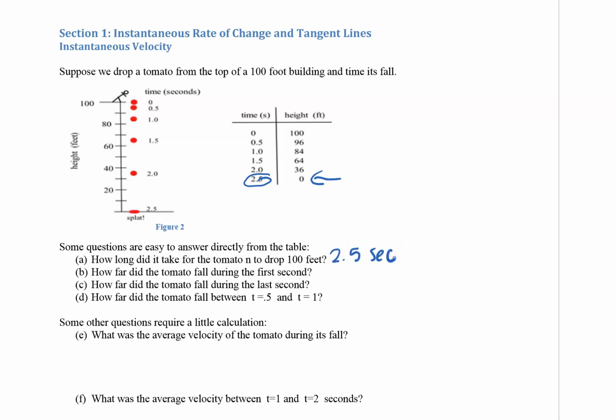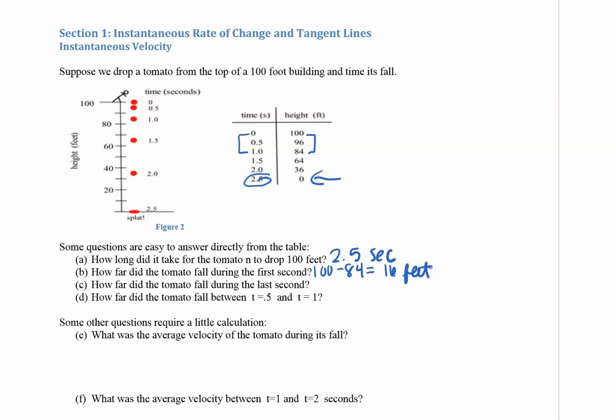How far did the tomato fall during the first second? If we look at the distance, it went from 0 seconds to 1 second. It was at 100 feet, and now it's at 84 feet. So we can say 100 minus 84, and that gives us that it fell 16 feet in that first second.